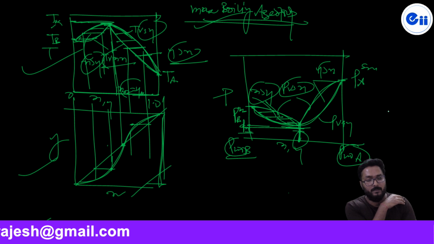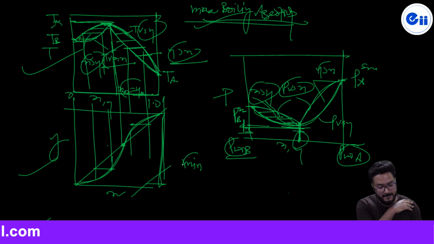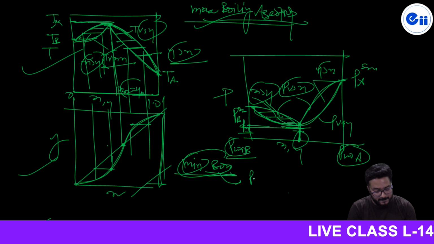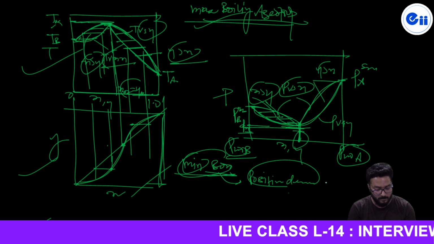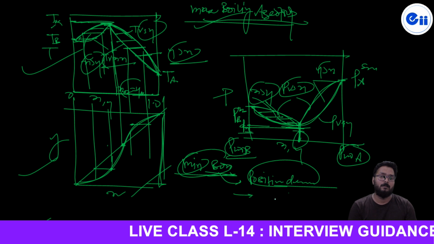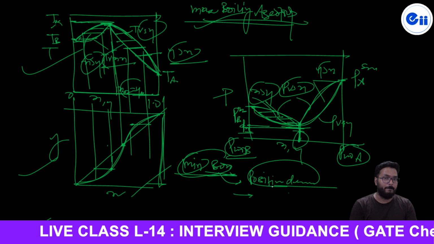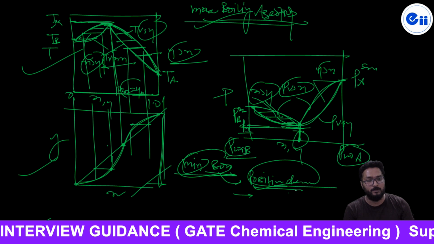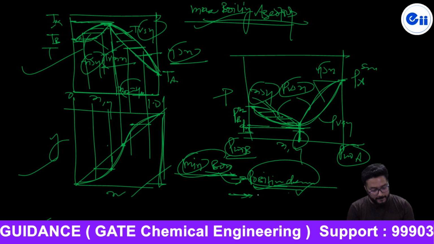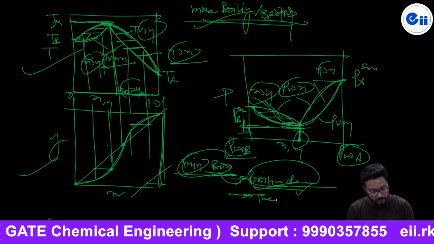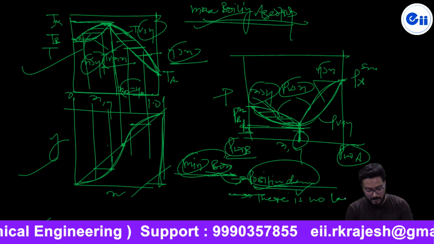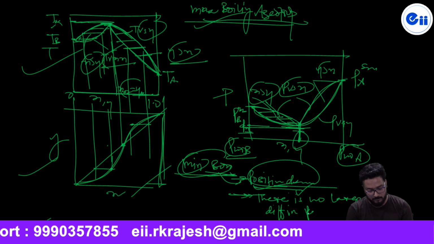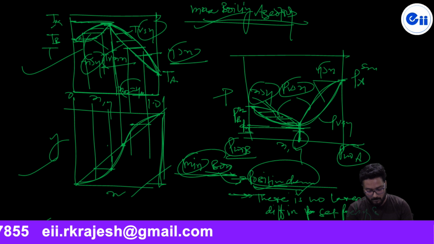As far as minimum boiling azeotrope is concerned, the minimum boiling azeotrope is going to be shown when the solution indicates a positive deviation from ideality, very important, positive deviation, and there is no large difference in vapor pressure or saturation pressure of the species.